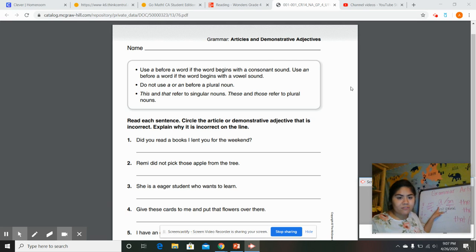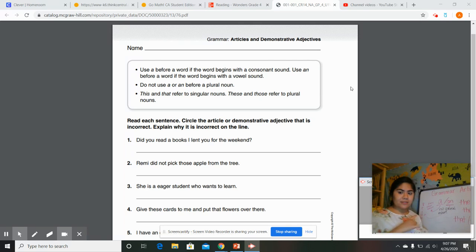So, first off, a, yes, it's correct because they used it and books starts with a consonant, but we said that you cannot use a or an for plural nouns. Now, the noun is books and it's plural, right? So we can't use it. So here's what I want you to do instead.